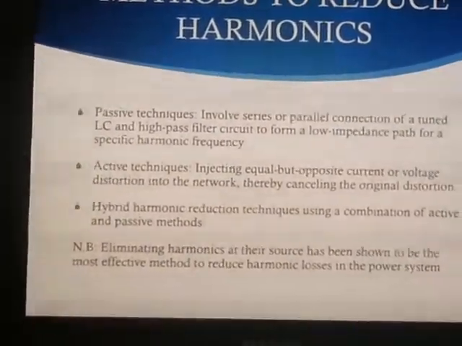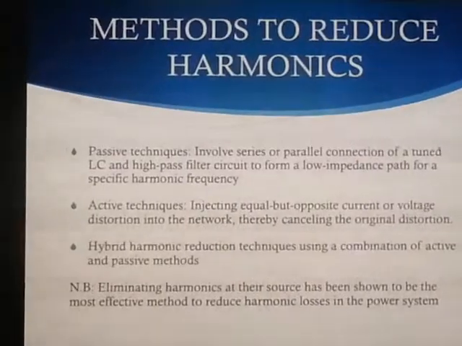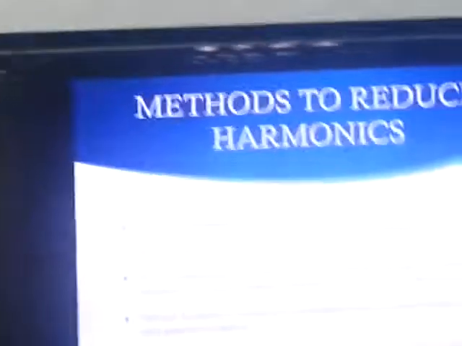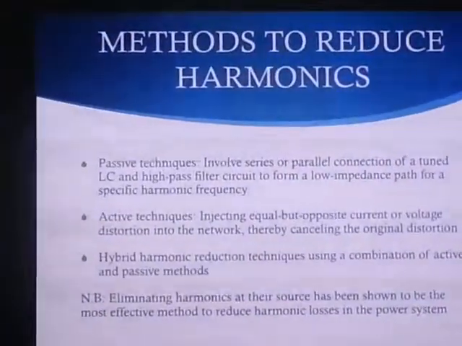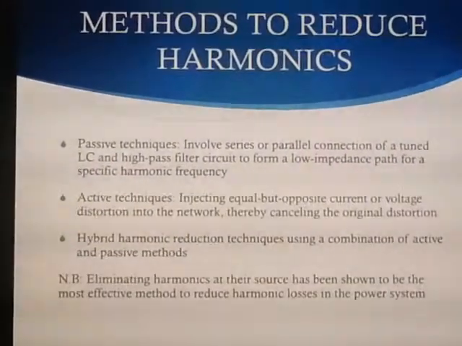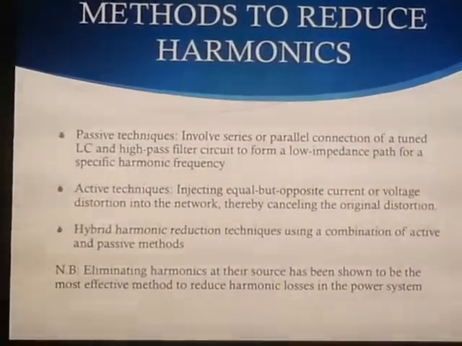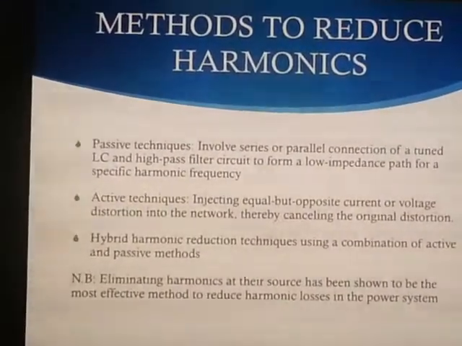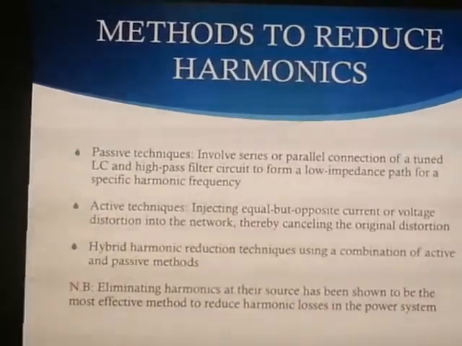Active filtering is where we have an external design producing compensating current, so that the compensating currents are put into the system and reduce the non-active component of the current, so that the real current gets supplied to the load.